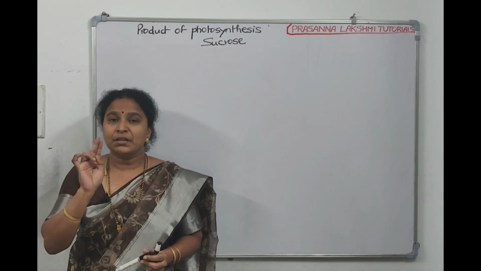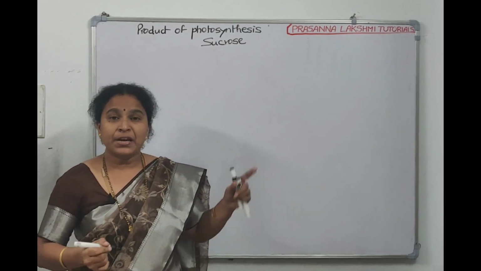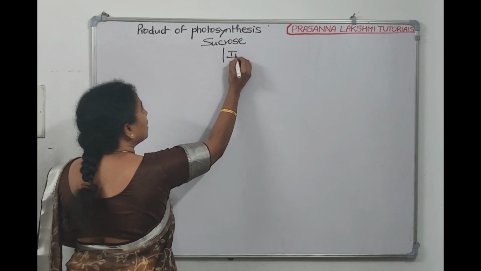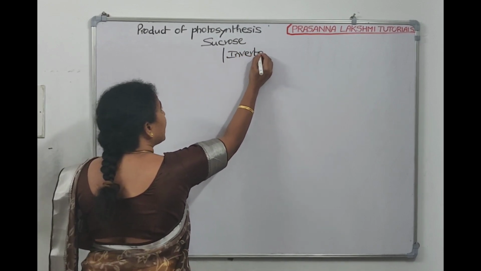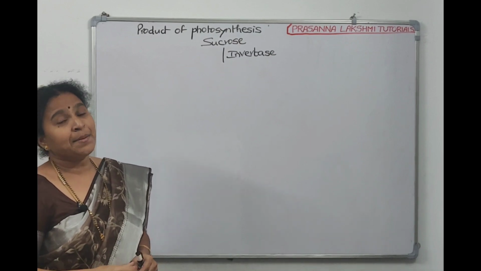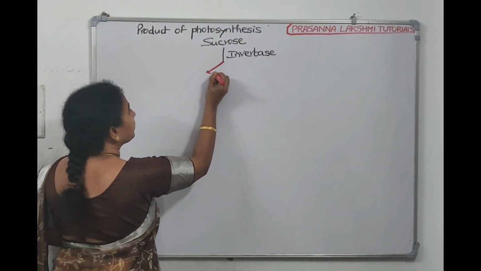We need to convert the disaccharide into a simple sugar called monosaccharide. Now, we'll try to break the sucrose with an enzyme called invertase. When we break the sucrose with an enzyme called invertase, then what do we get?